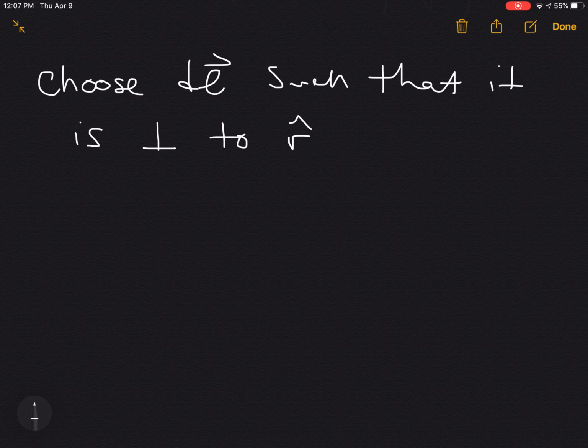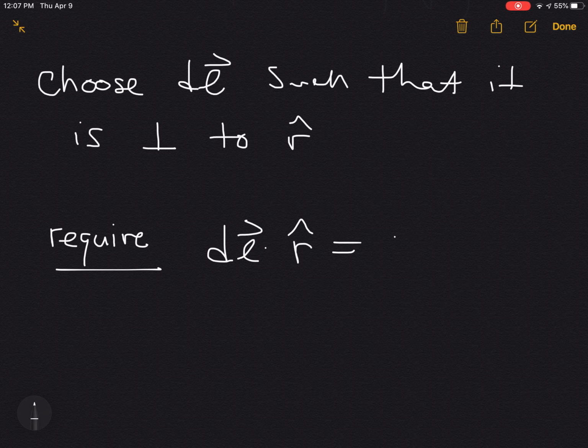And the way to actually enforce this is that you require, and this is how you construct certain vectors, you require dl dotted with r hat to be equal to 0. Remember, you have something like x hat dot y hat equals 0. Anytime you have a dot product equal to 0, it means that those two vectors are orthogonal or perpendicular to each other. So requiring this is the requirement that these vectors are perpendicular to each other.